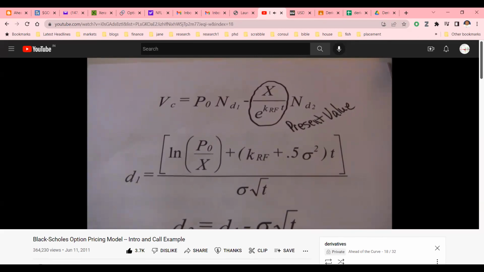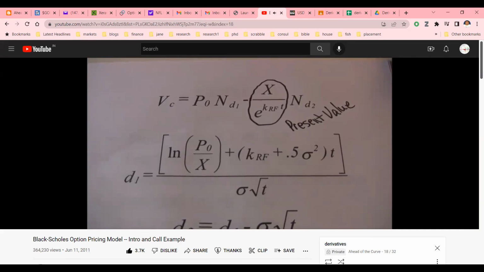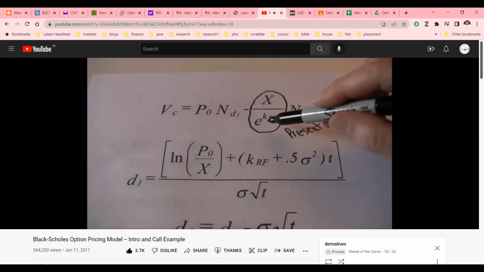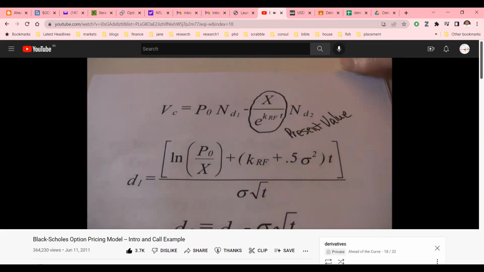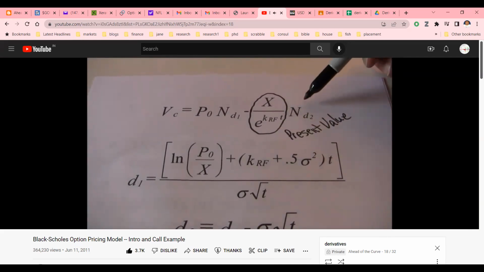The difference between this and normal discounting that you might do on a financial calculator is that Black Scholes uses a continuous discounting model, so this e stands for the exponential. And then we multiply this by N(d2), which is another area under the standard normal distribution table.